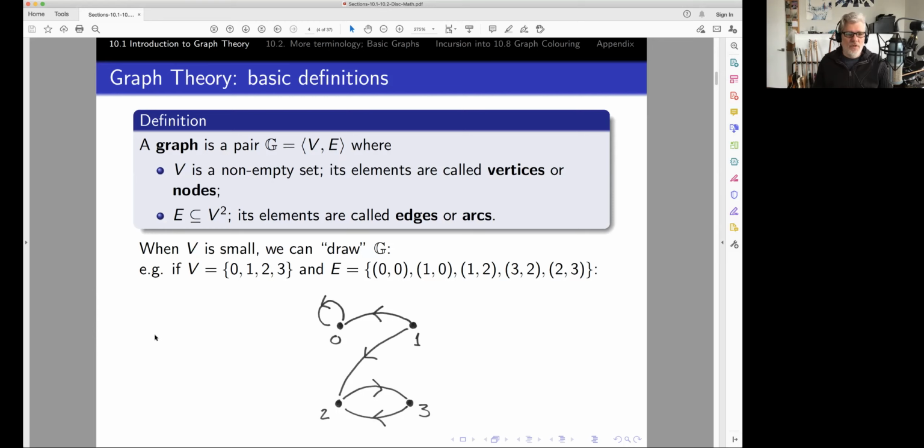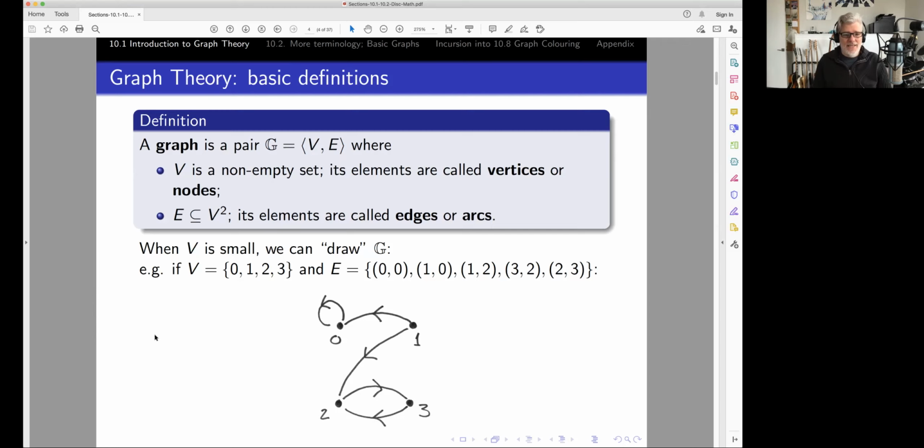So what we call a graph is a pair of two sets. There is a set V and a set E. The set V is just a non-empty set, and the elements of this set we call the vertices or nodes of the graph.